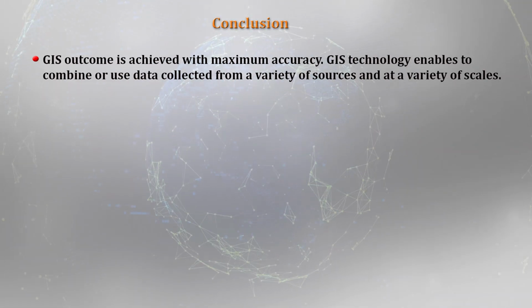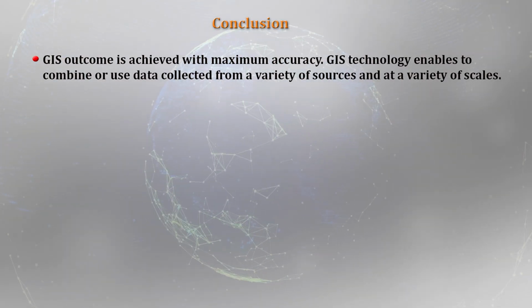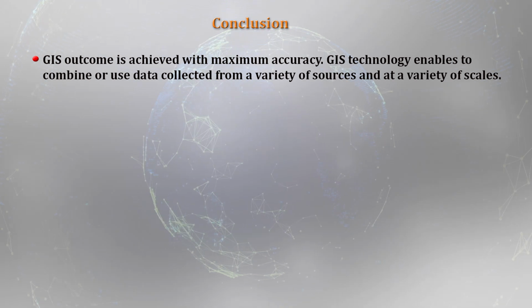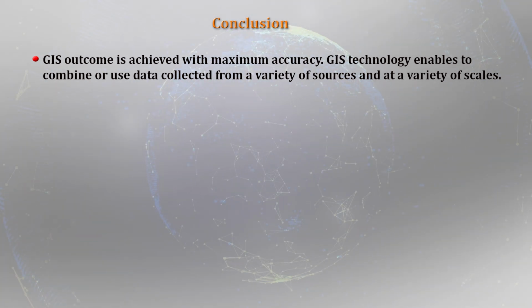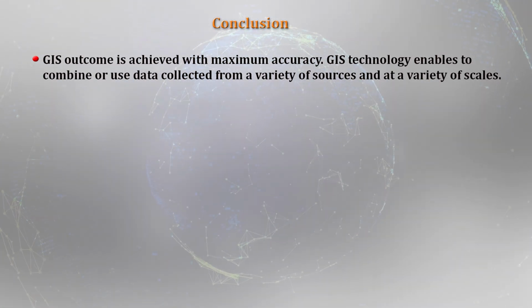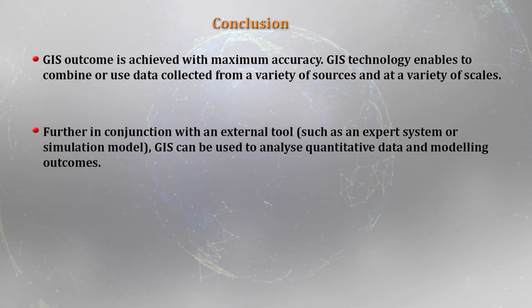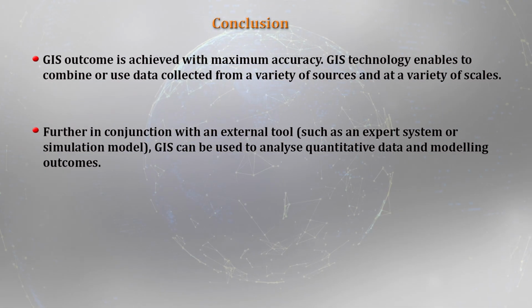And when you talk about the GIS outcome, it is definitely with maximum accuracy that we will be getting the output. GIS technology enables us to combine or use data collected from a variety of sources and at a variety of scales also.